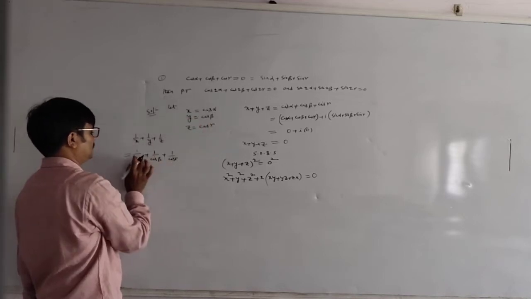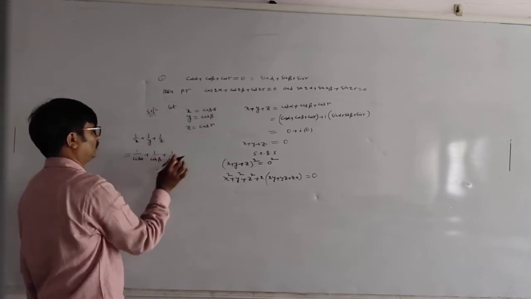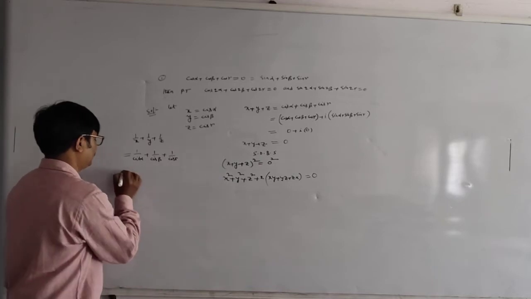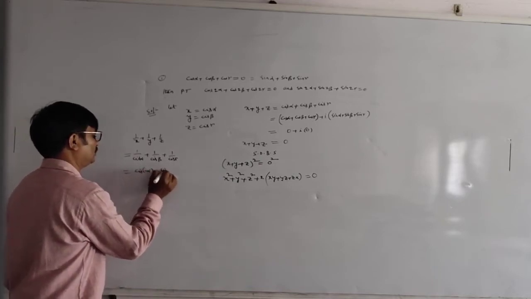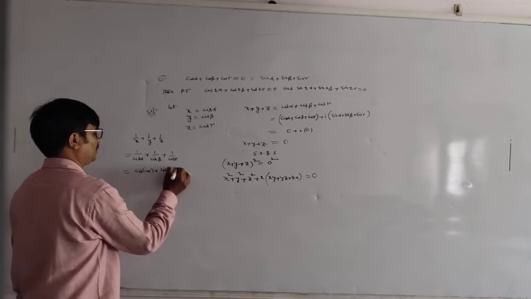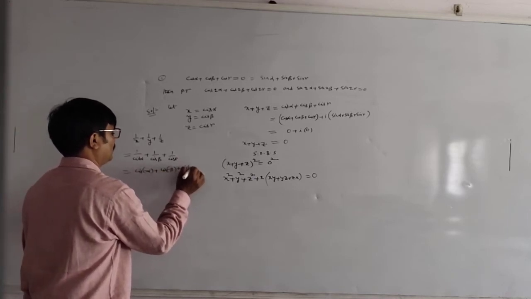So this is cis of minus alpha, cis of minus beta, cis of minus gamma.